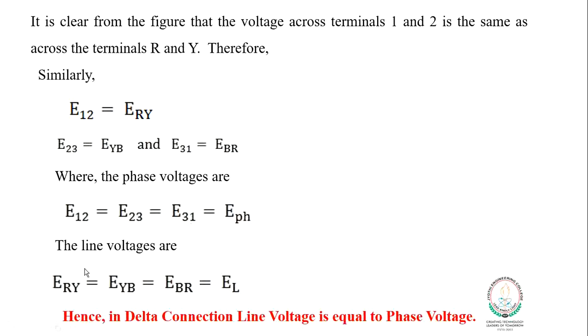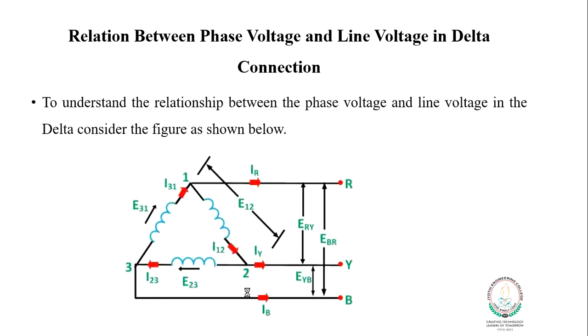Similarly, all the line voltages will be the same. That is, ERY equals EYB equals EBR, which is equal to EL. So in a delta connection, if we look at this figure, E12, the voltage across terminals 1 and 2, is the same as ERY, because these two are parallel voltages.